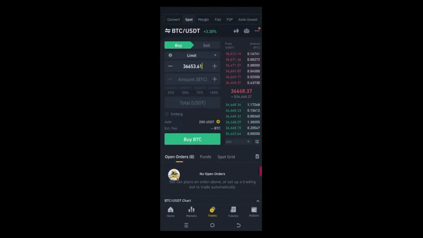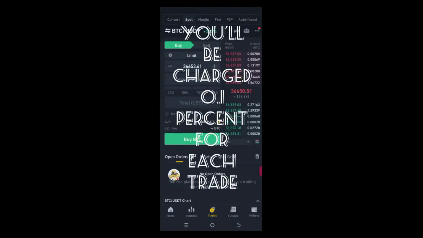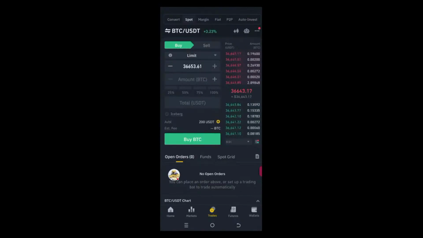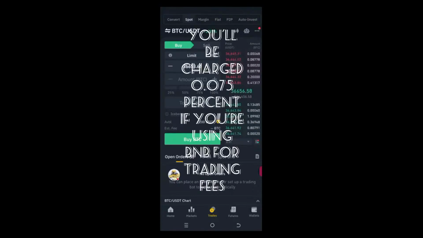Now, of course, you should realize that in the spot trading section here, you're going to be charged 0.1% on any trade. And if you're using BNB as your trading fees, you will be charged less, like 25% less. You'll be charged 0.075, something like that.